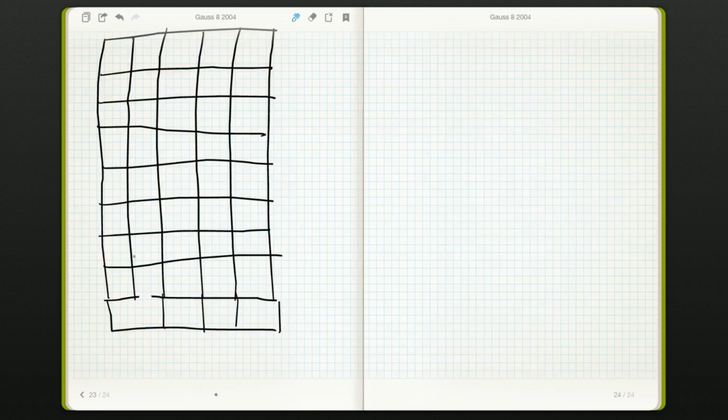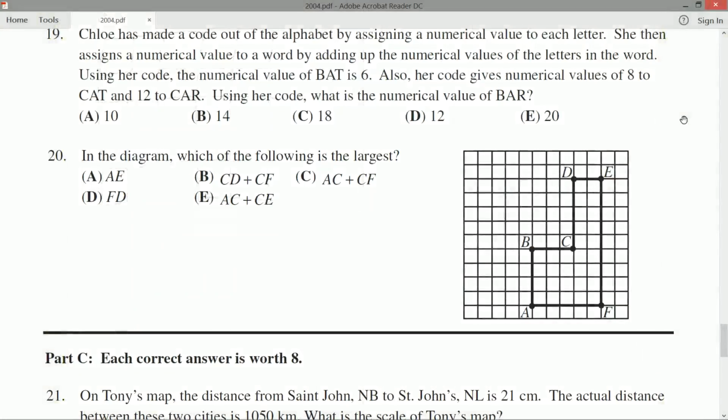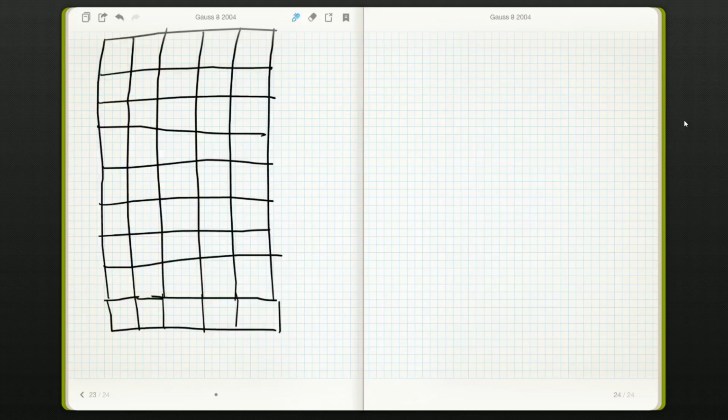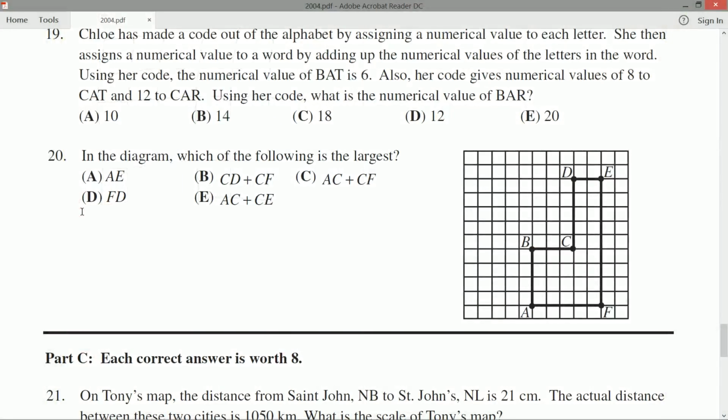So we basically have our structure here. We don't need the rest of the grid, but let's start copying. We're going to get a color out. Let's go with red. A to F is all along the bottom, and B is 4 above A. So we'll put A down here. We go up by 4 to get to B. Then we head in a little bit from B to C by 3 units.